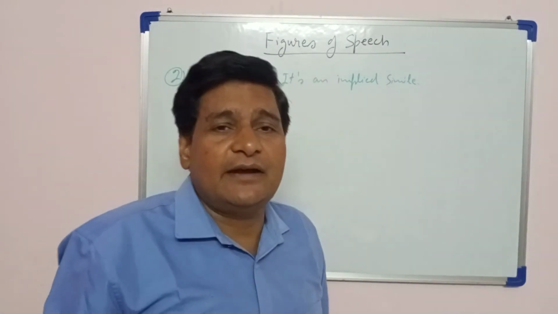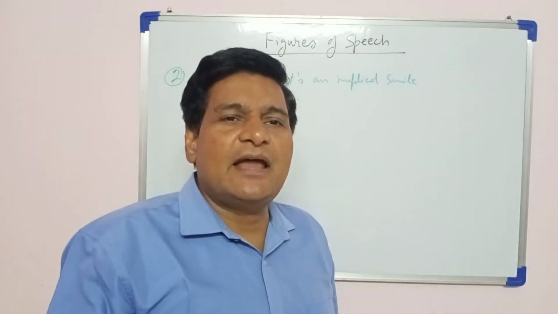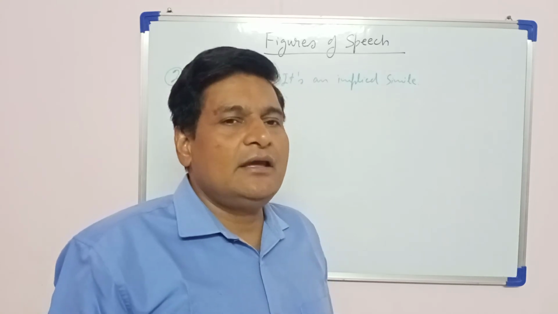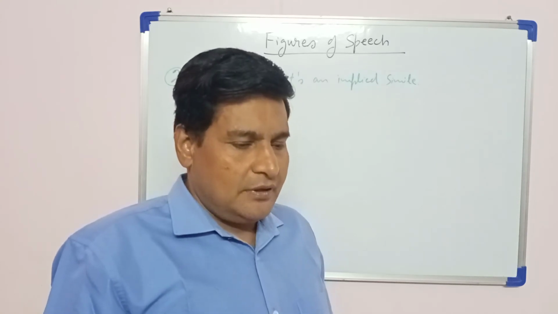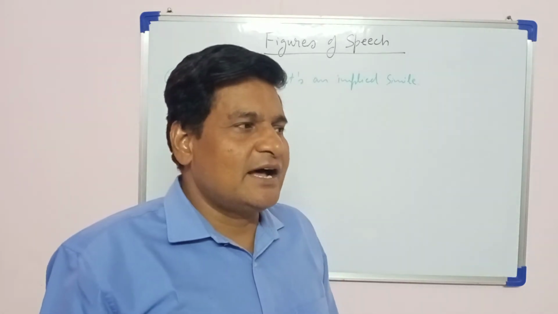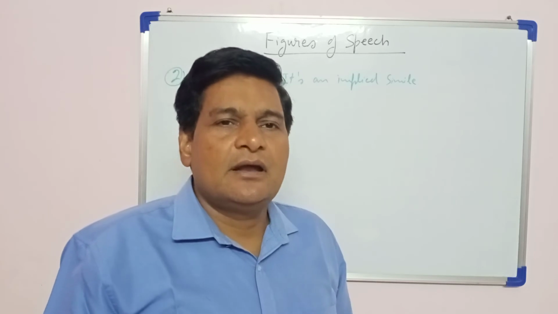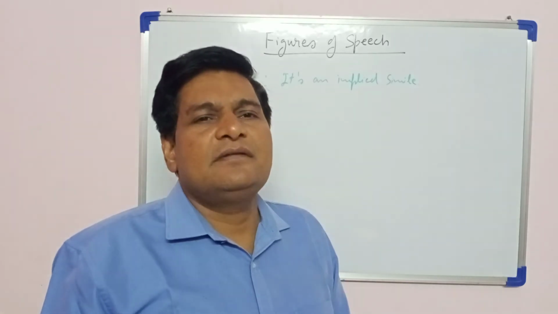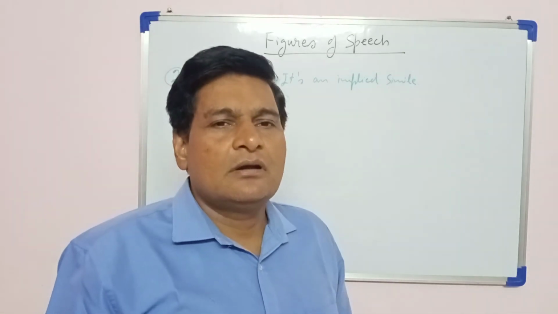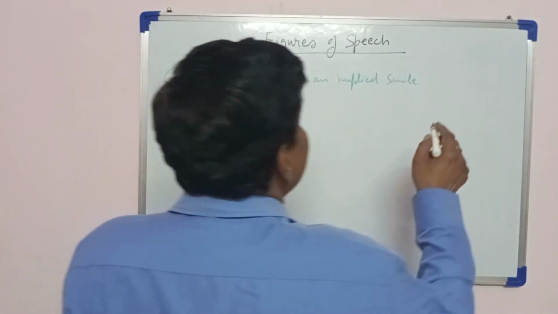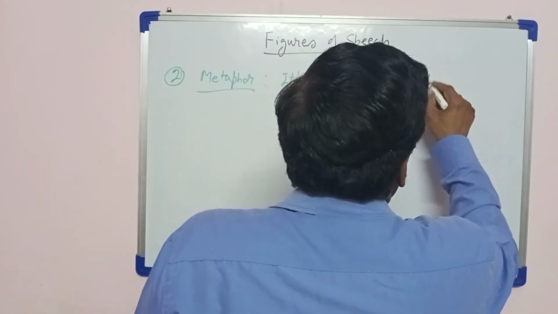Here it is not said that one thing is like the other, but it is said that the other thing is the same as the first one. Or we can say the other thing is taken for granted and it is considered as the same one. So how does it happen? Let us see.